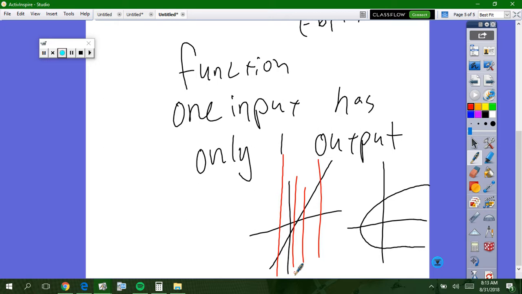So with that being the case, a line is a function. How about the sideways parabola? Is it a function? That one input, notice two outputs, it would not be a function. Correct?